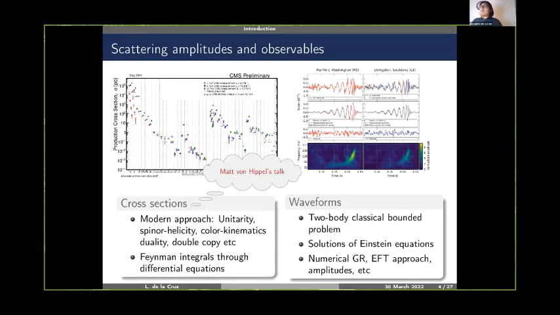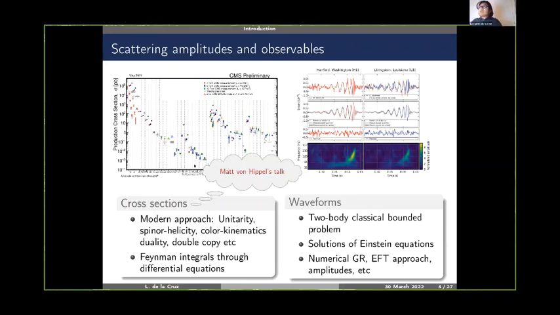scattering amplitudes and observables? The motivation is basically these two plots. On the left-hand side, I have a typical plot of some experimental observations of cross-sections compared against their theoretical predictions.